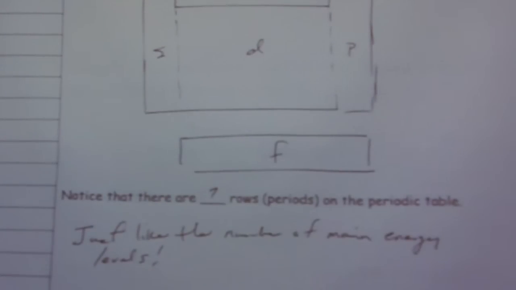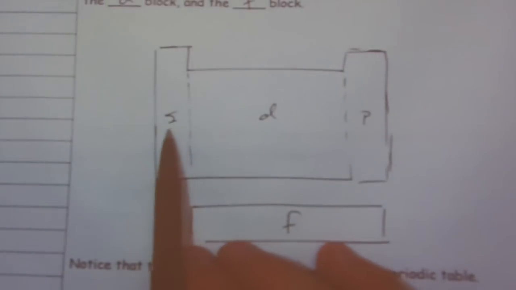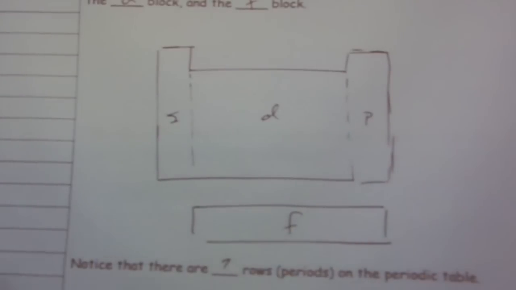And also notice that there are 2 columns in the S block, which is the same number of electrons which an S sublevel holds. So these atoms right here in the S block are elements whose last electron is in an S sublevel. These ones, last electron in a P sublevel, D sublevel, F sublevel.